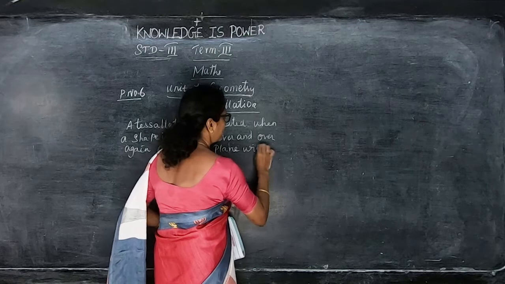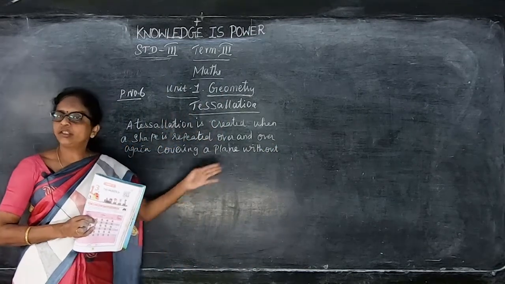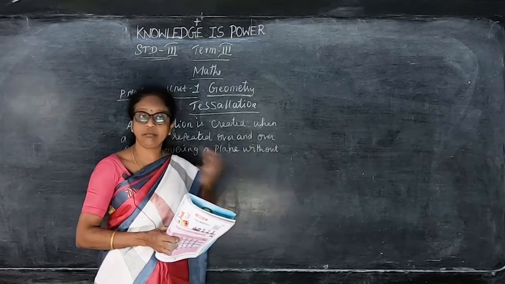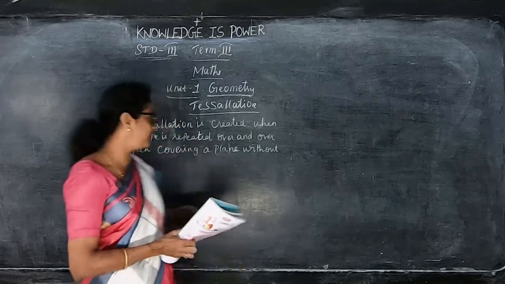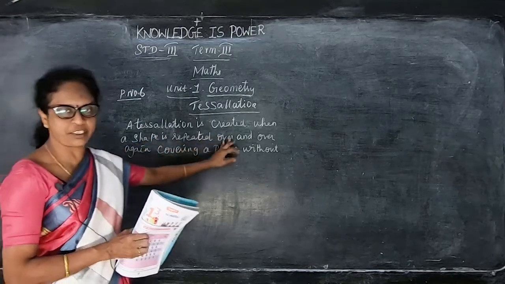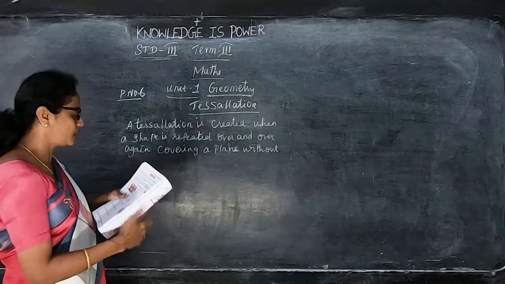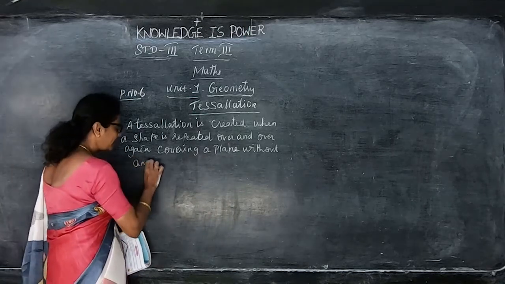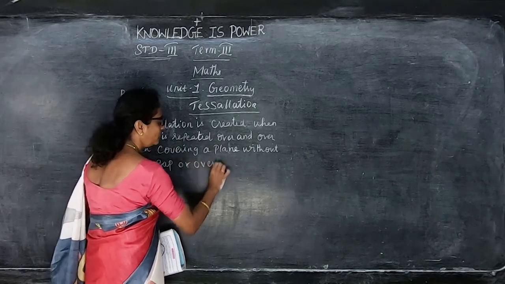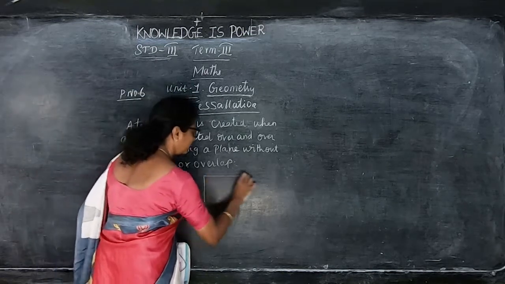Even in schools you might have seen tiles placed next to each other without gaps, even in a kitchen, bathroom, and floor tilings everywhere. So that is called tessellation: it is created when a shape is repeated, the same shape repeated and covering a plane without any gap or overlap.